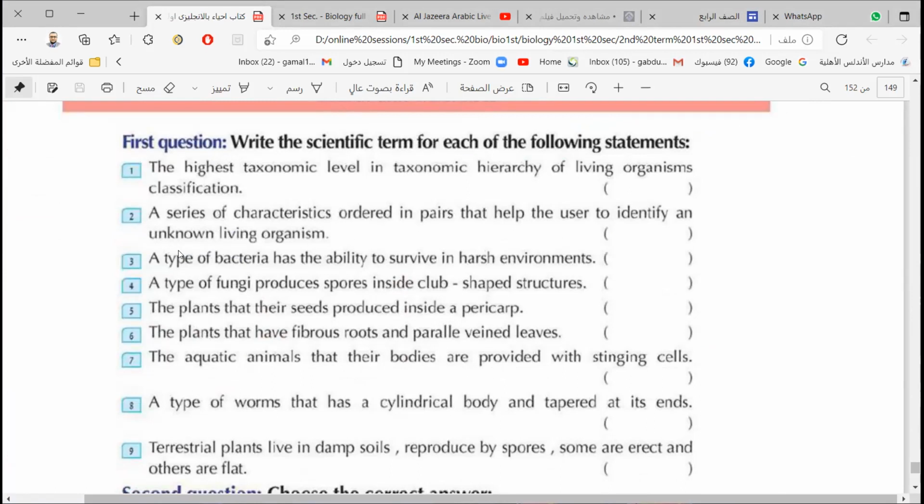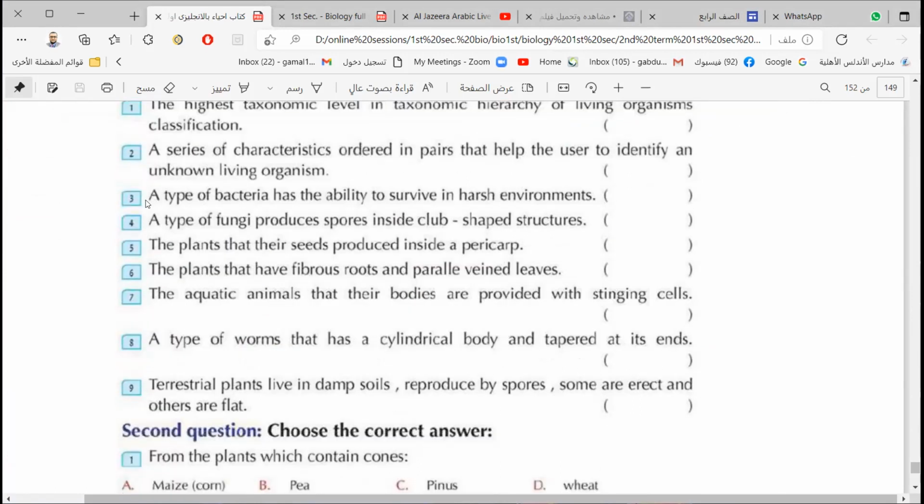Okay. Number 3, Ruqayya. A type of bacteria has the ability to survive in harsh environment. What type of bacteria can survive in very high temperature, boiling water and salty water, and a very shortage in oxygen? What type of bacteria?